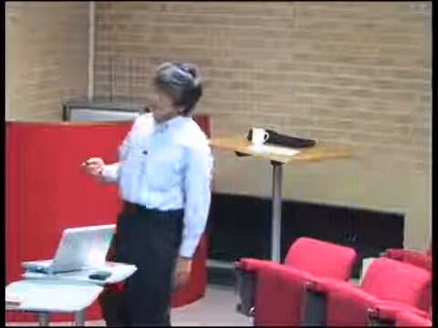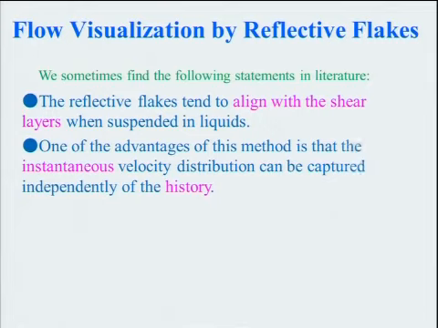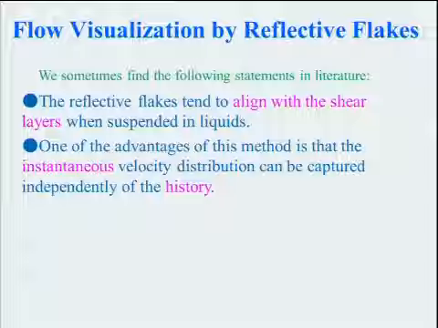And we sometimes hear this statement that reflective flakes tend to align with the shear layers. And also another one of the advantages of this method is the instantaneous velocity distribution can be captured independently of the history of particle motion.